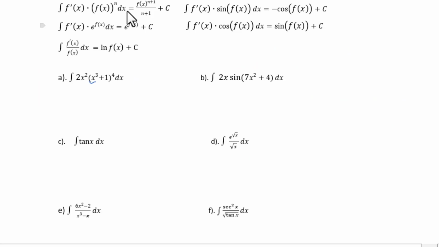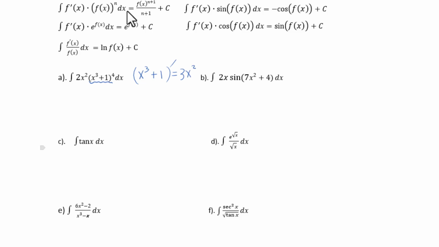For A, check this: x to the third power plus 1, prime, equals 3x squared. We have x squared over here, so we will change it into 2 times 3x squared times x to the third power plus 1 to the fourth power. Since you multiply by 3, you need to divide by 3, dx.